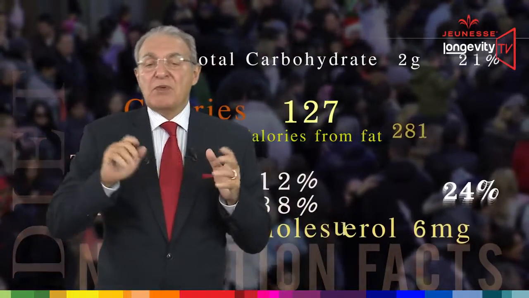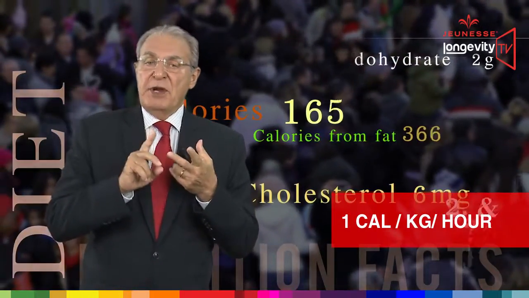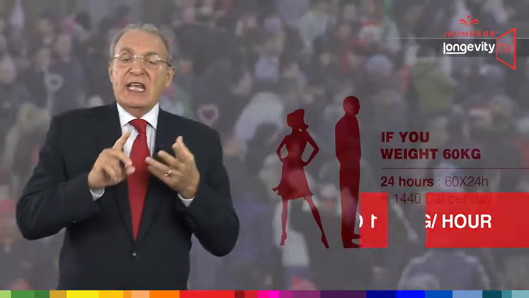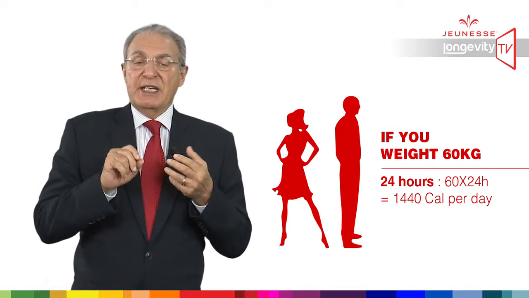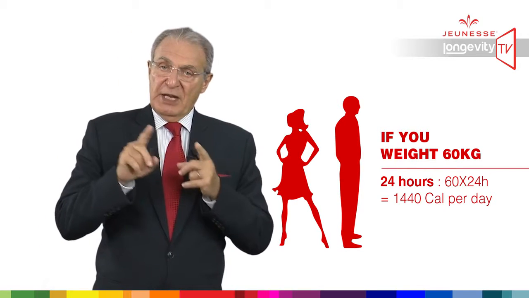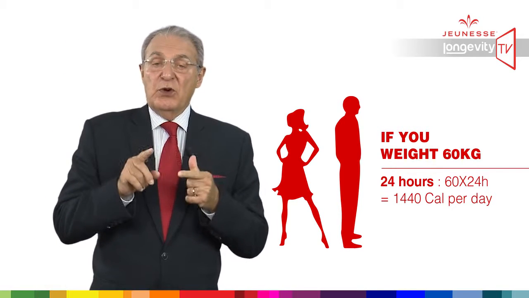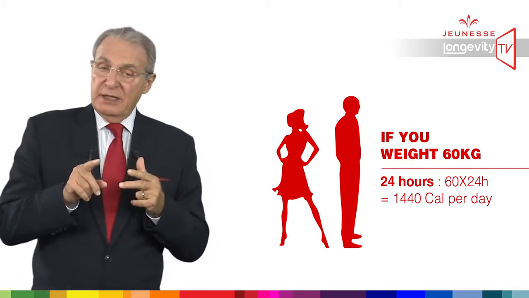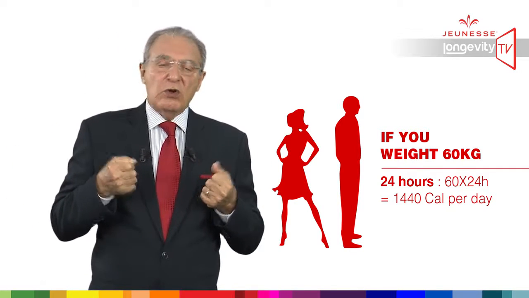This requires approximately 1 calorie per kilo per hour. So if you weigh 60 kilos, you will spend in 24 hours 60 multiplied by 24, equal to 1,440 calories per day. And this is good news because you have no control over that.